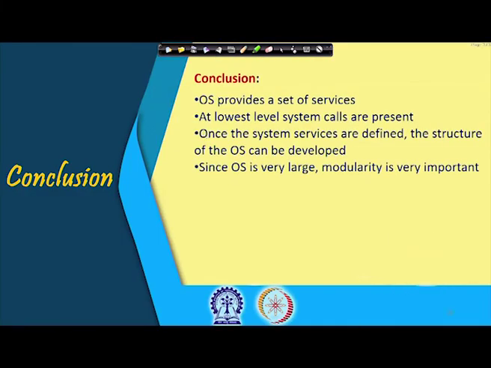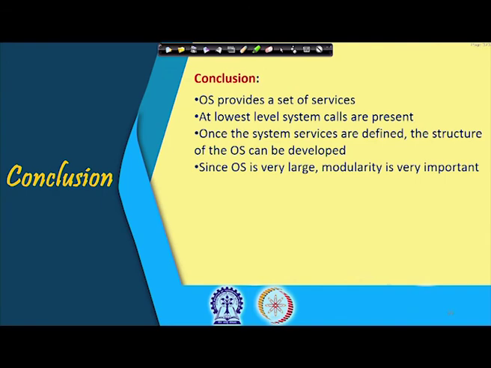To conclude, we can say that the OS provides a set of services. At the lowest level, we have system calls, and once the system services are defined, the structure of the OS can be developed. And since the OS is very large, modularity is very important.